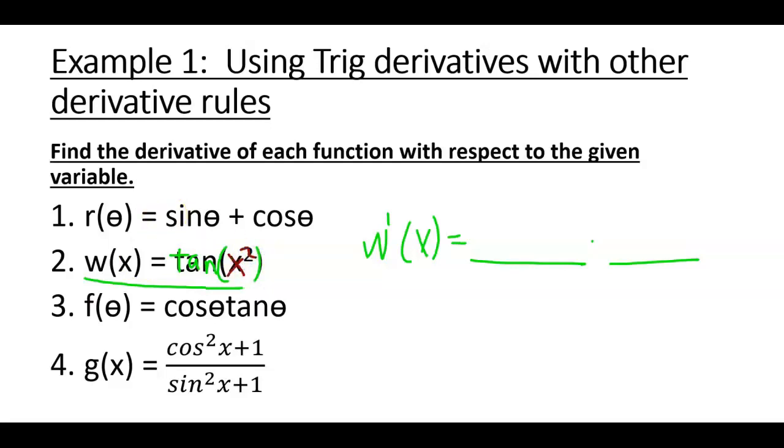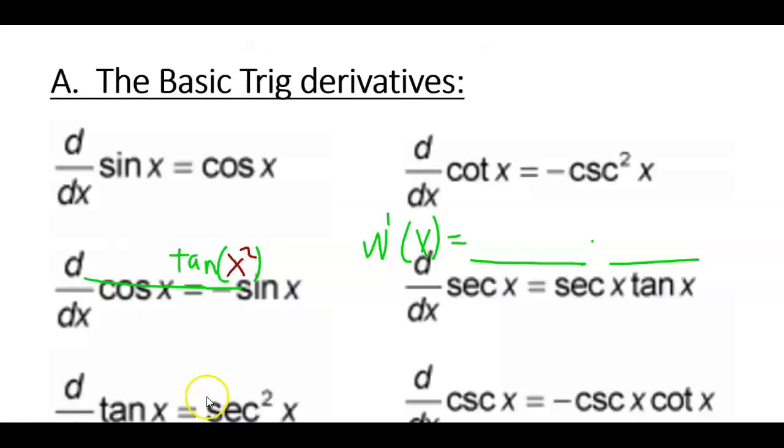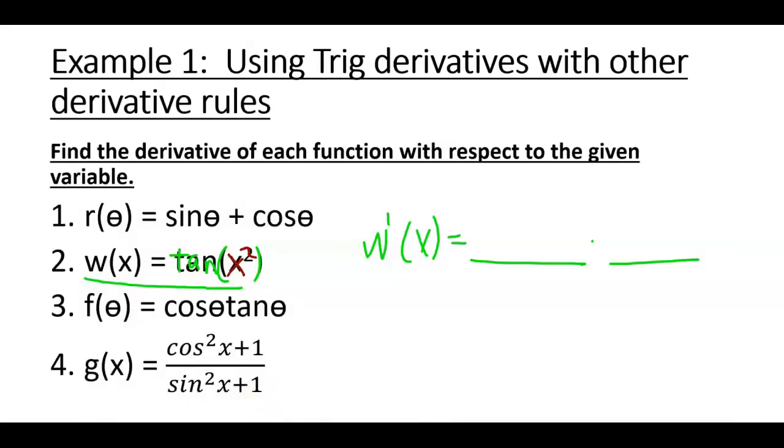So let's do the derivative of the outside function. The derivative of tangent, well, if we flip back to the previous slide, the derivative of tangent is secant squared x. So the derivative of the outside then is going to be secant squared. And instead of x, we're going to use the inside that we have, right?